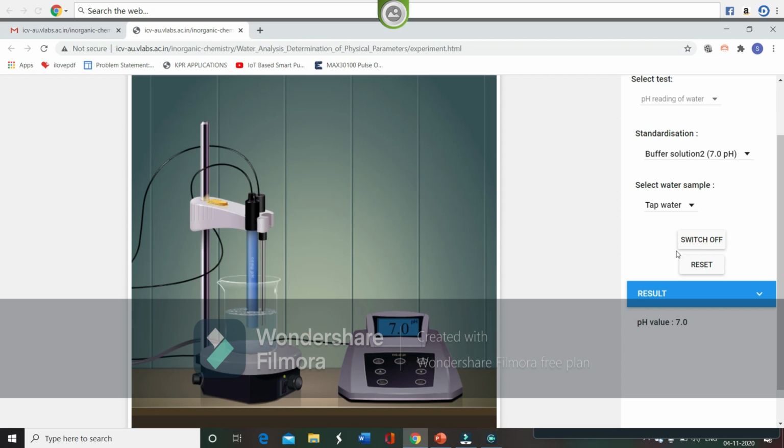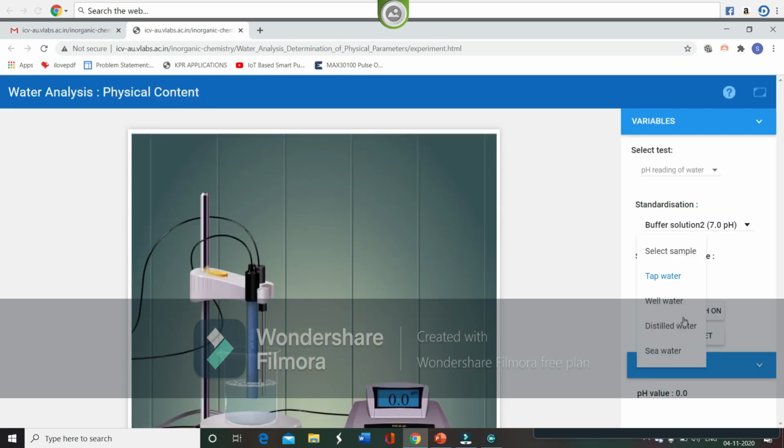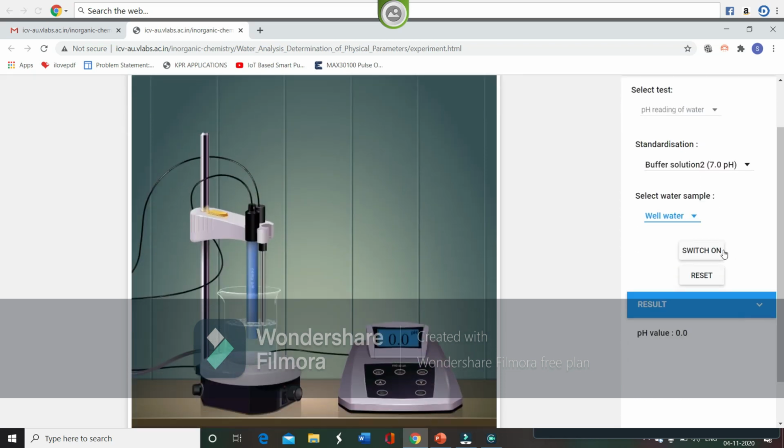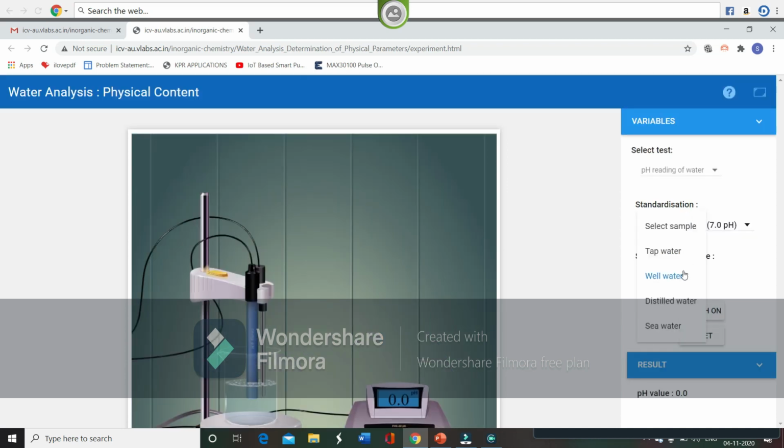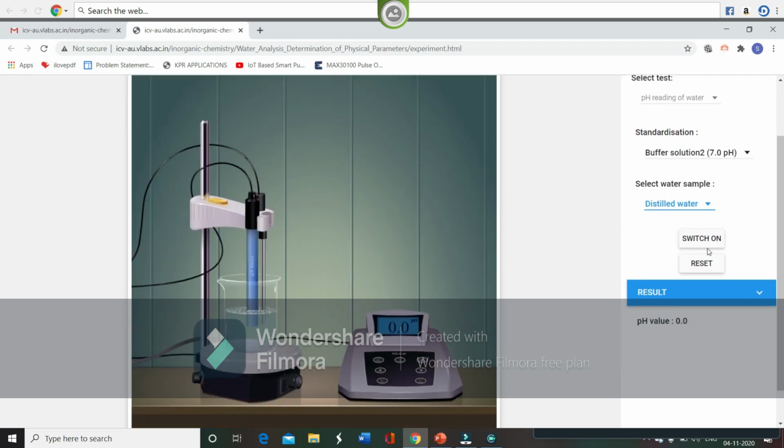change the sample. The second sample is well water. Switch on the meter. The pH of well water is found to be 7.9. Switch off. Repeat the same for the remaining solutions. The third sample is the distilled water. Switching on the meter, the distilled water reads 5.8 pH.